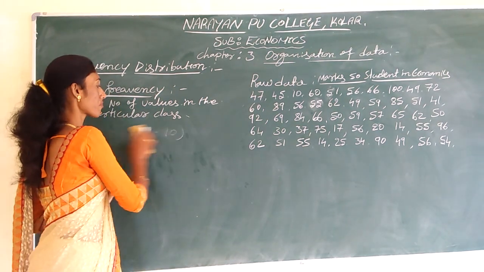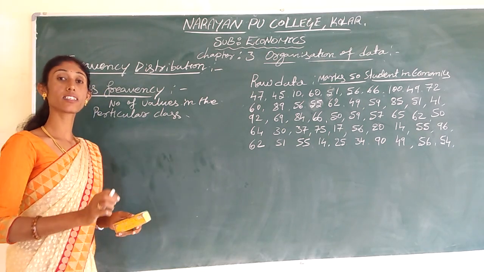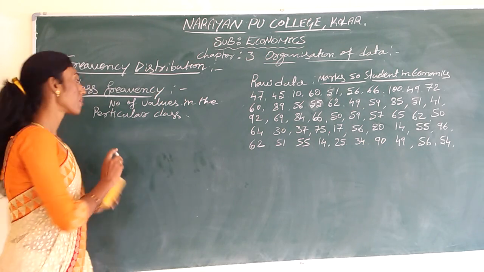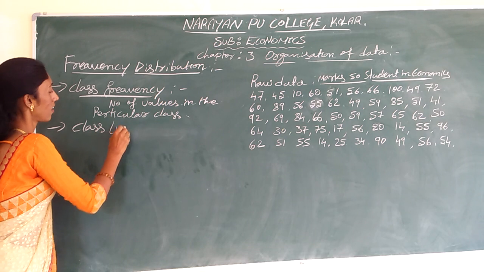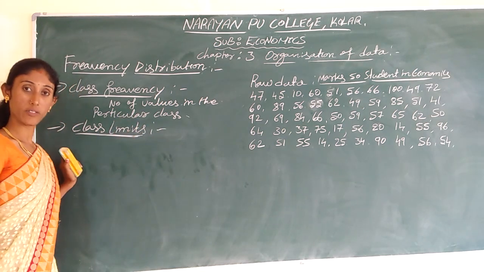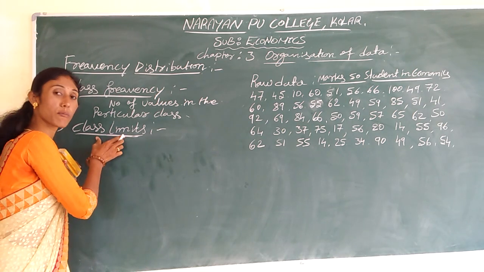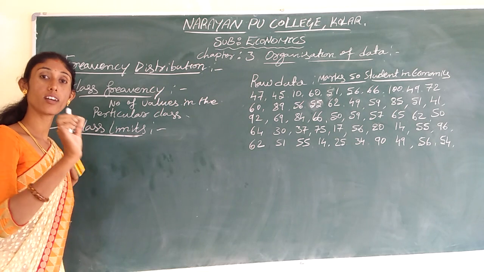And one more point we need to understand before the frequency distribution, that is class limits. This is an important one. Already we have discussed this in the previous class also. Class limits are nothing but the two ends of the particular class.